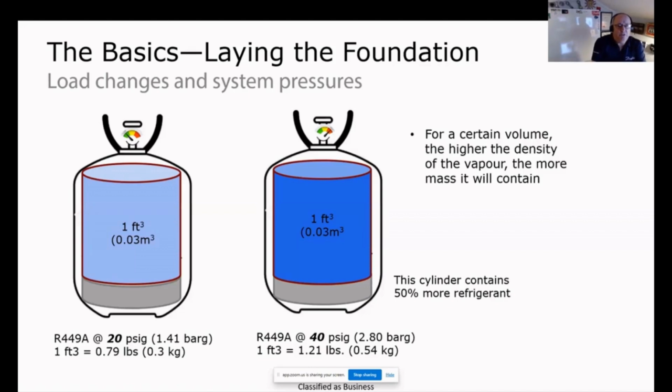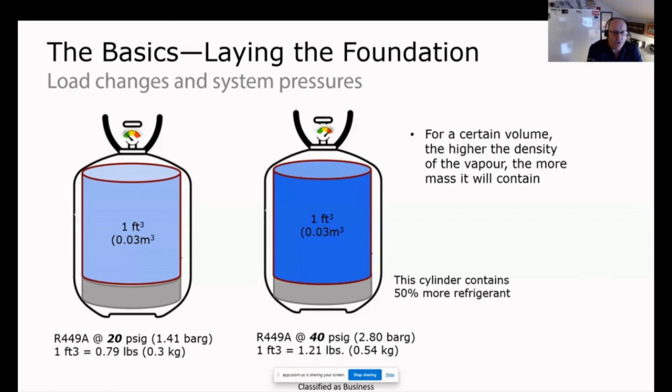So moving on to, again, we're talking about load and pressures and so forth. On this slide, we have two cylinders in the shape of a dumpy. And the dumpy on the left-hand side, we have R449A, 20 psi, and we have roughly 0.3 kilograms of refrigerant in that vessel.